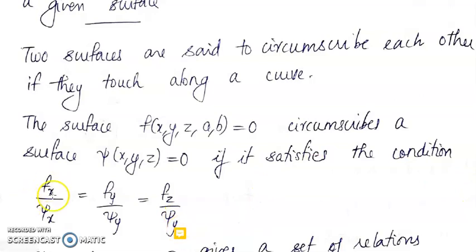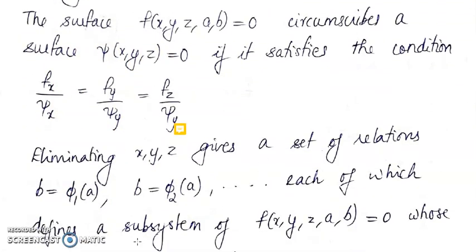So you have f_x by psi_x equal to f_y by psi_y equal to f_z by psi_z. If they touch each other along the curve, their normal vectors will satisfy this condition. They will be proportional. So f_x, f_y, f_z will be proportional to psi_x, psi_y and psi_z.